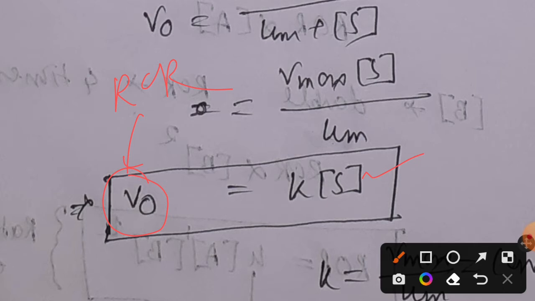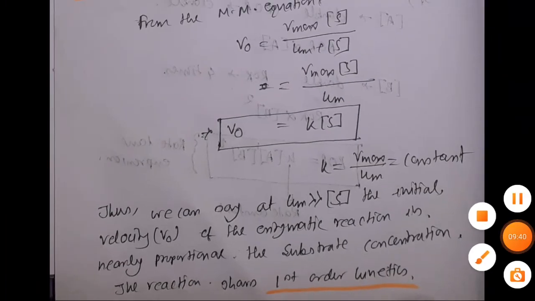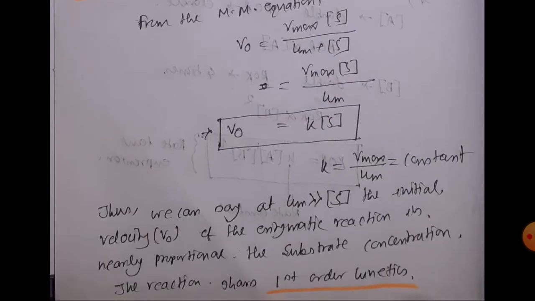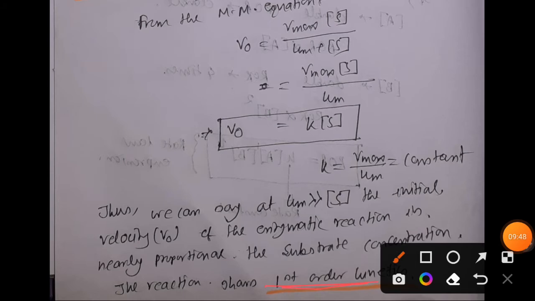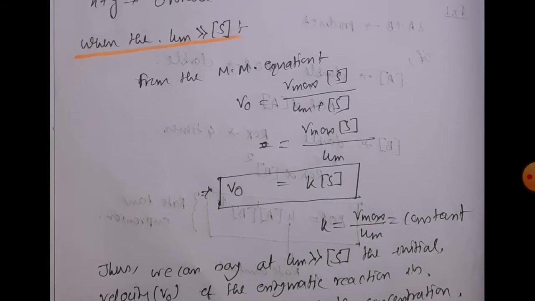Because here we can also consider the substrate as the reactant. So here we are getting a first order reaction. So when Km is much greater than the substrate concentration, the enzyme catalysis reaction will be a first order reaction.